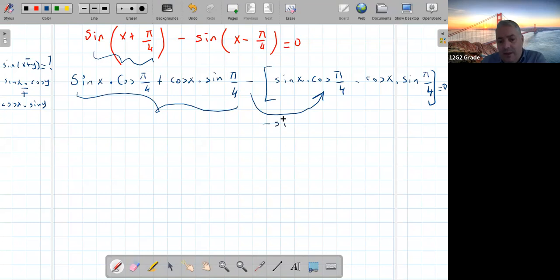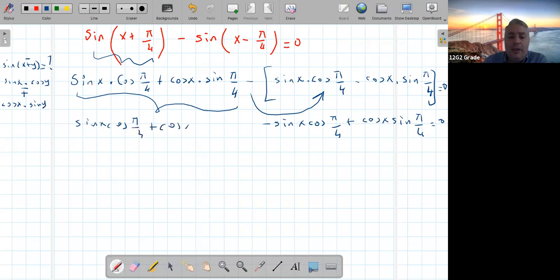Negative sine of x cosine of pi over 4, negative and negative, positive cosine of x sine pi over 4 equals 0, and sine x cosine pi over 4, cosine x sine pi over 4.